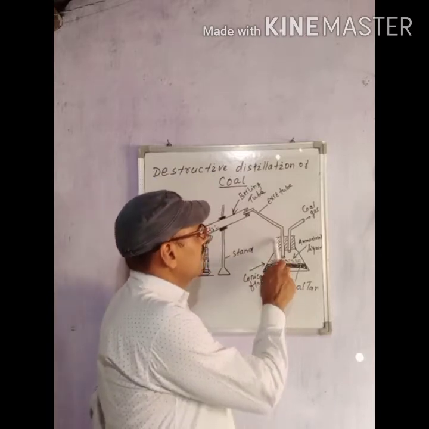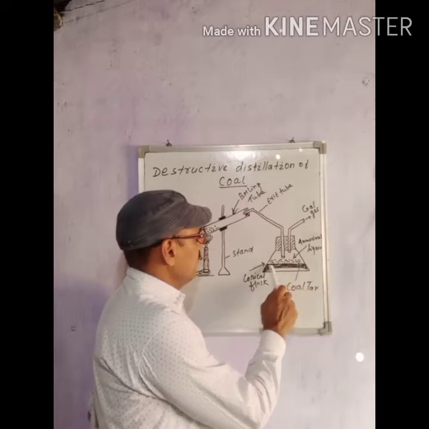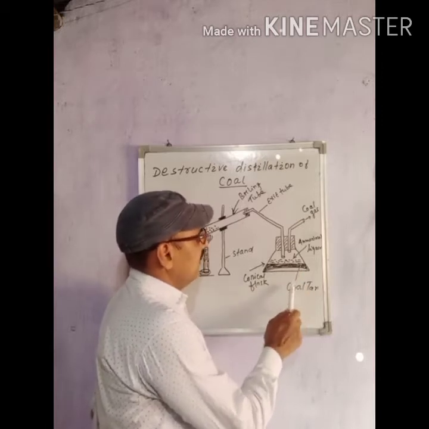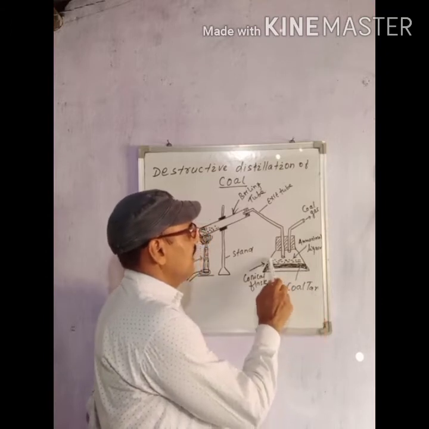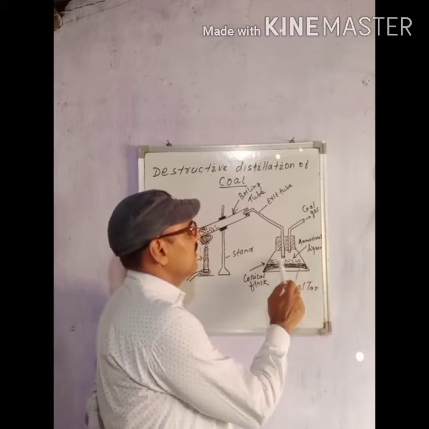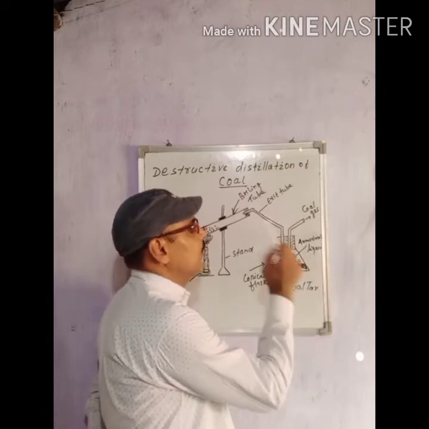In this conical flask, the lower dark part shows the settlement of coal tar, and the upper part, this dotted part, is ammoniacal liquid.